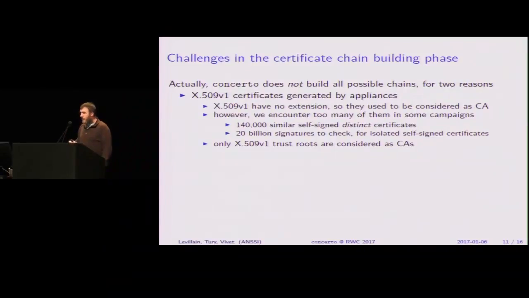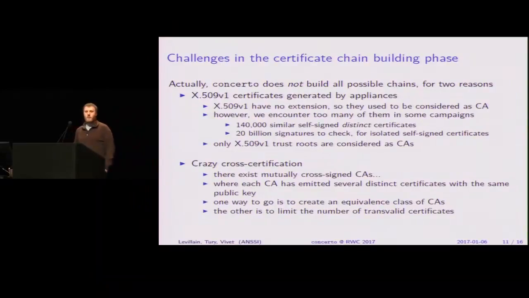So if you have, let's say, appliances that all generate the same certificate, same subject, same issuer, but differing only in the public key, you should, in practice, try all the possible combinations if you want to be exhaustive. And in fact, all the signature checks will fail. So for this reason, we didn't want to look into X509 V1 certificates too much. We only considered them as certificate authorities when they were in our trust store, which is what browsers do.